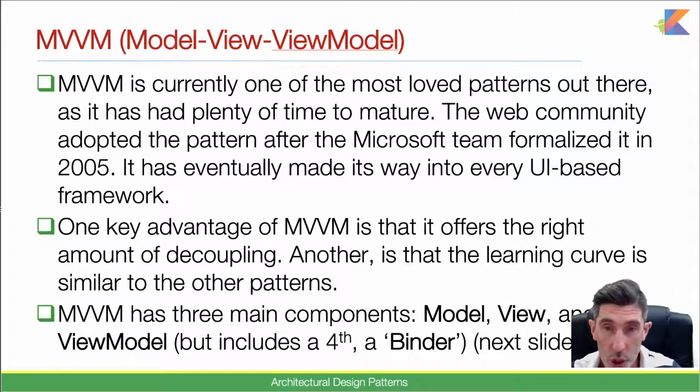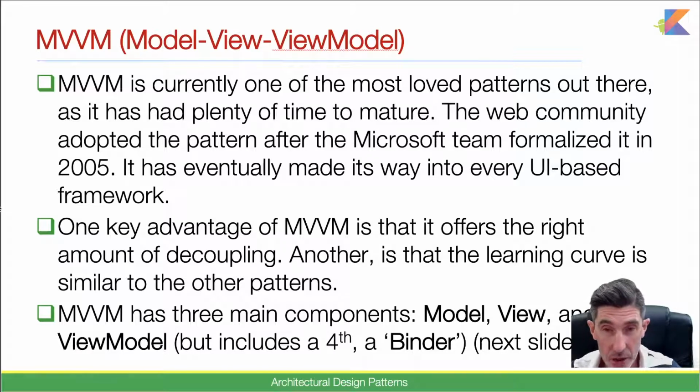One of the key advantages of MVVM is that it offers the right amount of decoupling. Another is that the learning curve is similar to the other patterns. So if you have a good understanding of MVC or MVP, getting your head around MVVM isn't that big a jump. It has three components: the model, the view, and the view model.